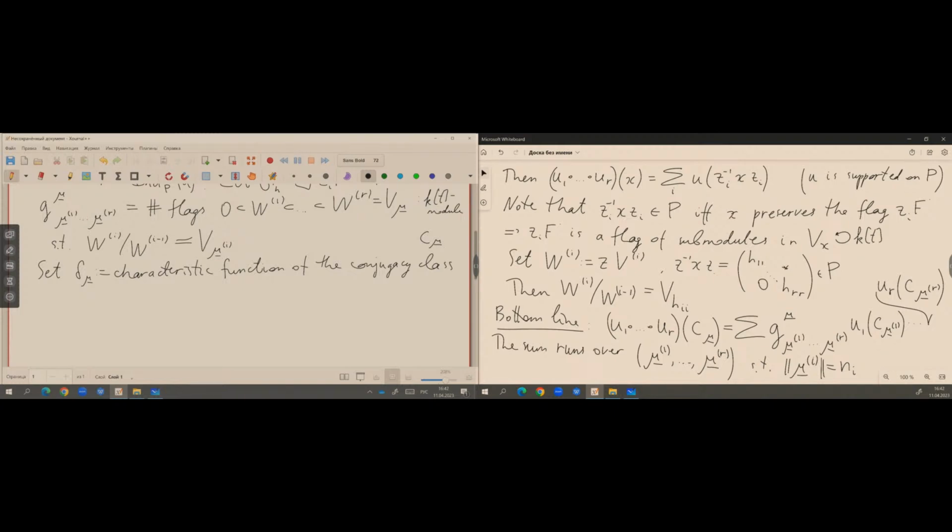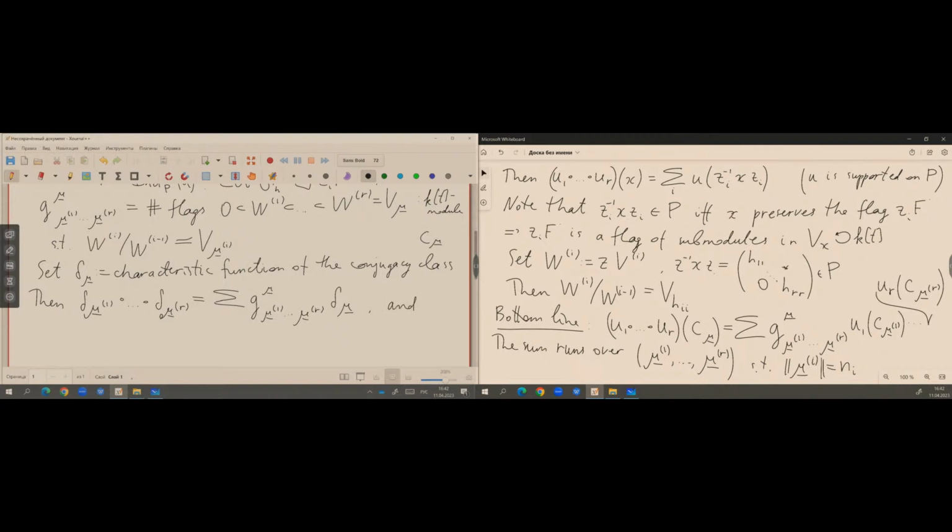Then the product of those characteristic functions, delta mu 1 times delta mu r, is the sum of those structure constants, mu 1 mu r, delta mu.